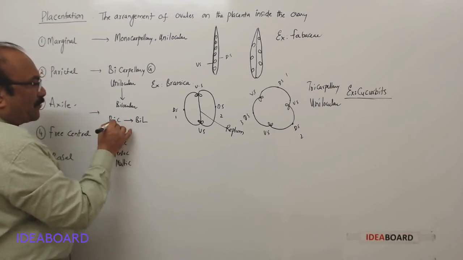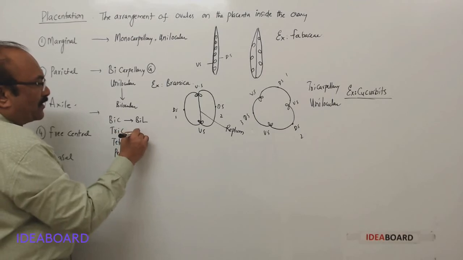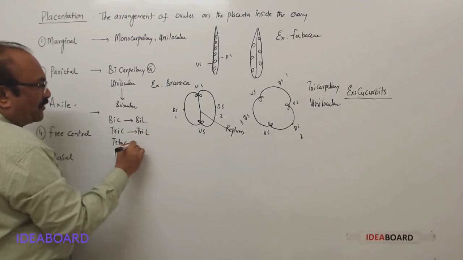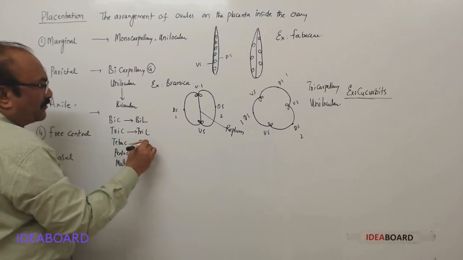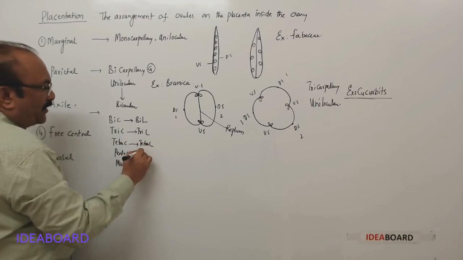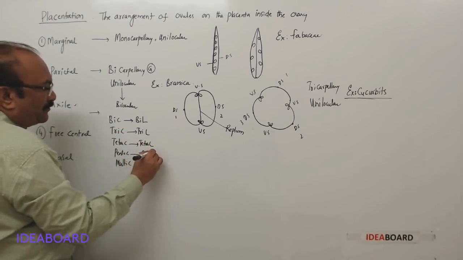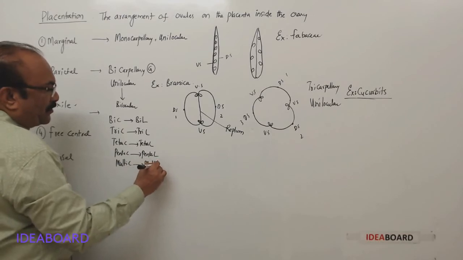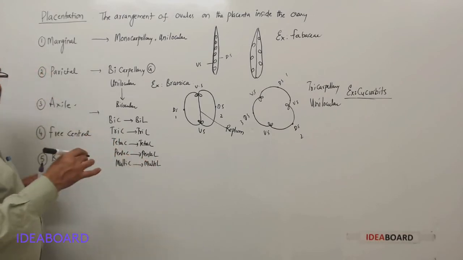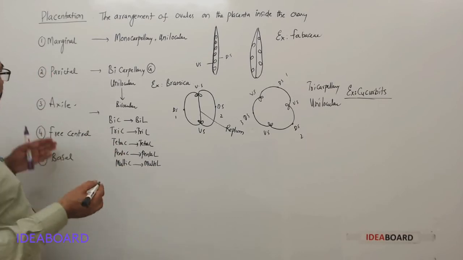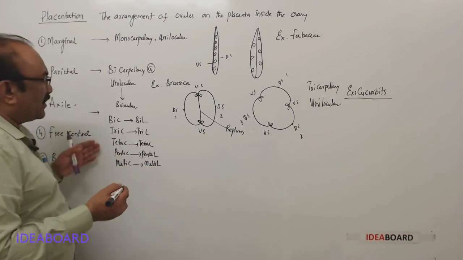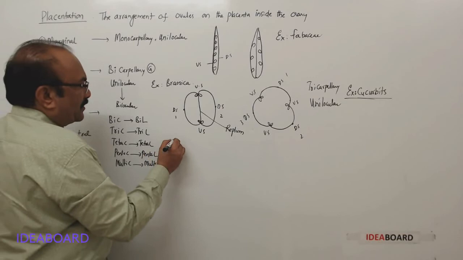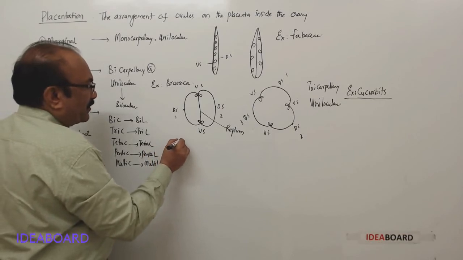Like this, I hope you are understanding. Bicarpellary, bilocular, tricarpellary, trilocular, tetracarpellary, tetralocular, pentacarpellary, pentalocular, multicarpellary, multilocular. So when the number of carpels is equal to the number of locules, the type of placentation will be axial placentation. And let us see the first one.